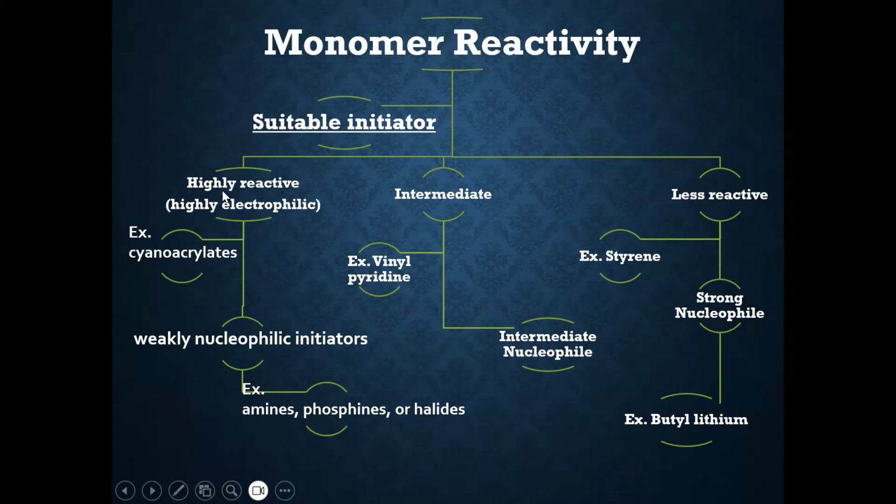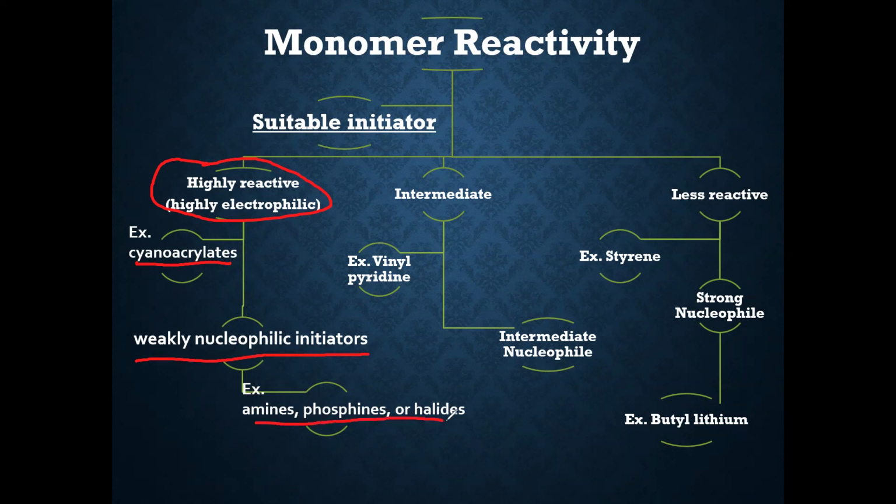The highly reactive monomer, for example, cyanoacrylates, needs a weakly nucleophilic initiator, such as amines or phosphines or halides.